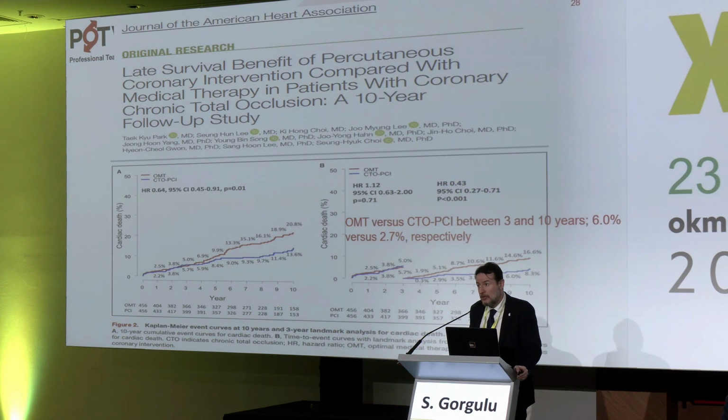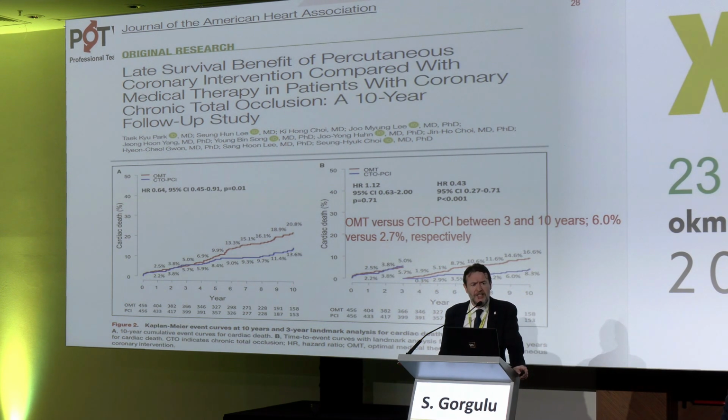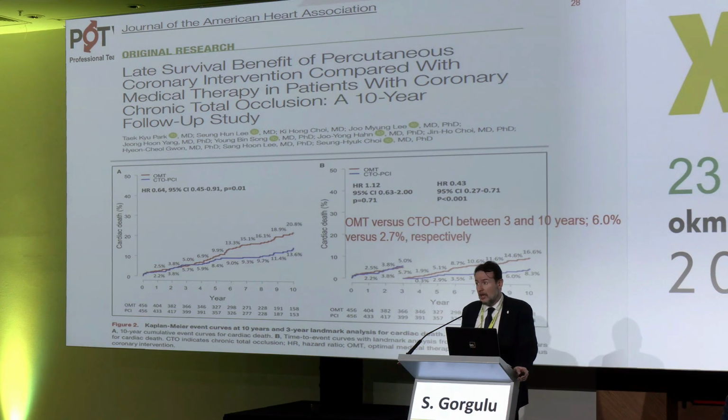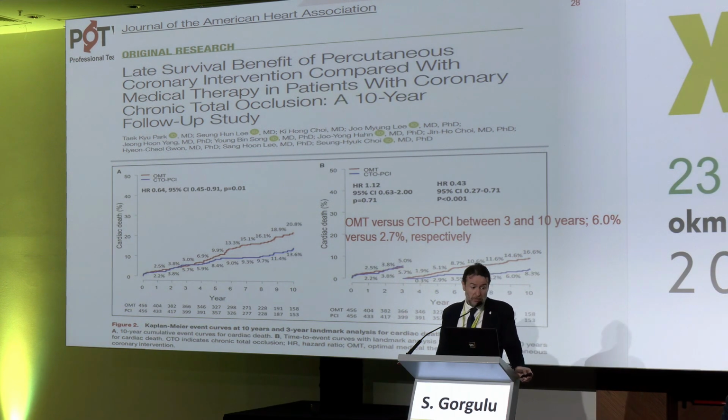And the problem with the randomized trials is we have only, I think it was the DECISION CTO trial, following up to 3 years, and in the other randomized trials the follow-up is about 1 year with less risk profile patients. And we have seen in this registry that the actual benefit comes after 3 years. So between 3 years and 10 years, we have a benefit in revascularizing these patients, and we improve survival in these patients, and this is in alignment with our daily practice experience, but no randomized trial.